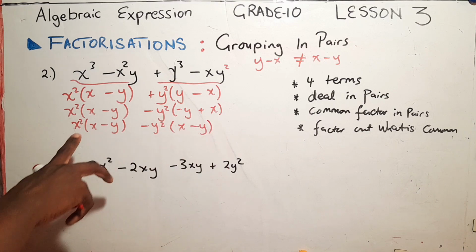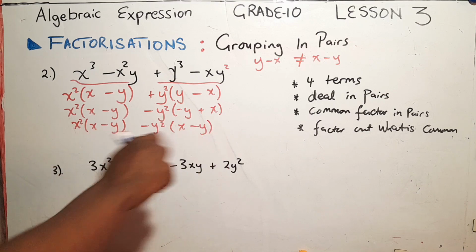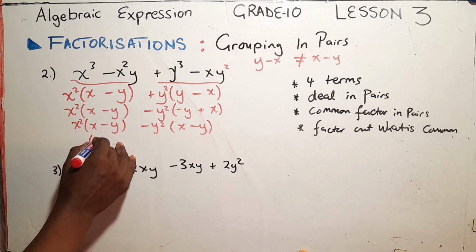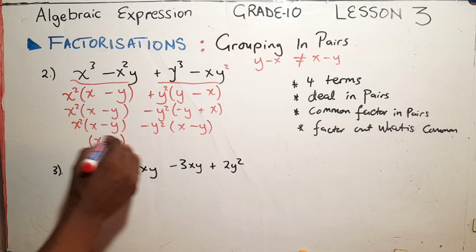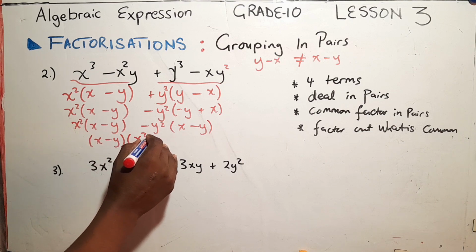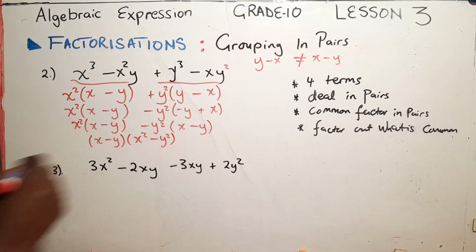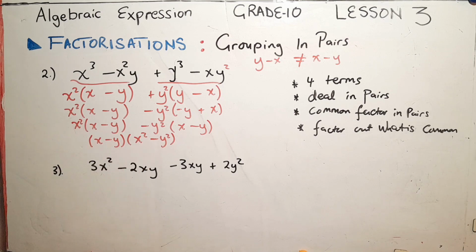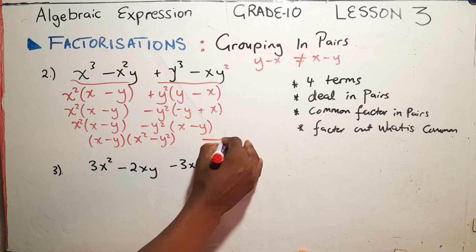Now it is in the form of x minus y, and that is our common factor. So we can factor that out as x minus y, and they will be remaining with x squared minus y squared. We can see that in the second bracket, this is also the difference between 2 squares. So we can factorize that further.